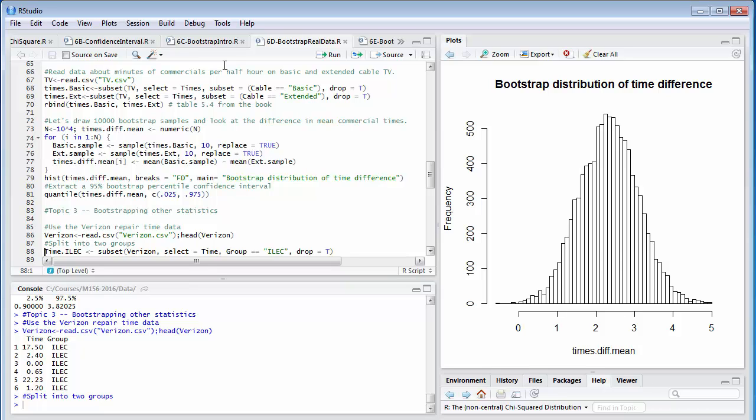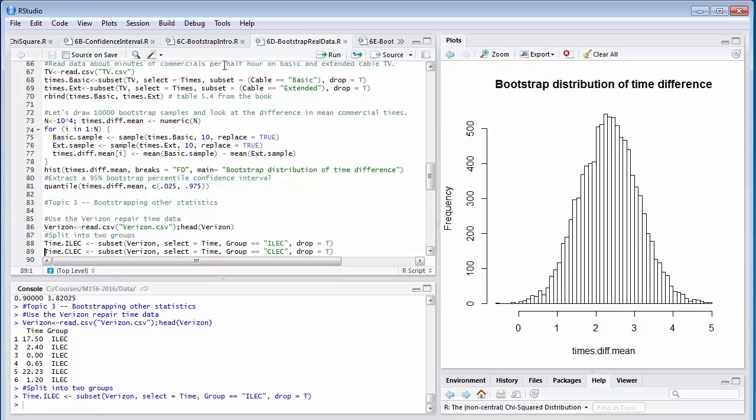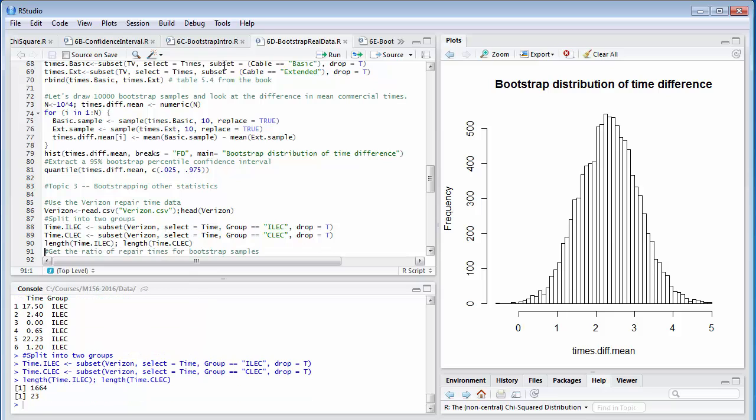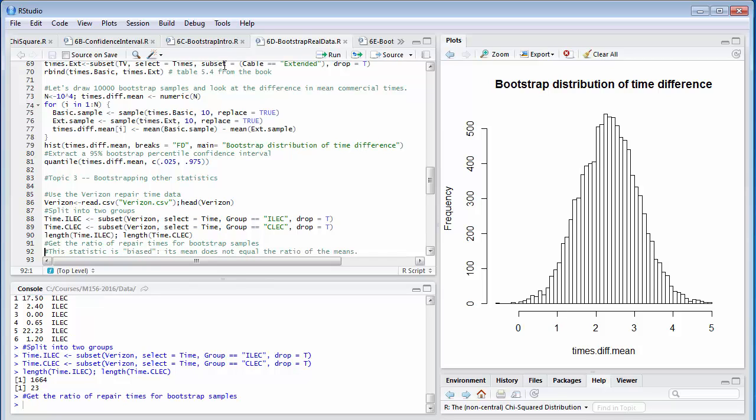So what we've got from this Verizon data is repair times for Verizon customers and repair times for competitors' customers. CLEC begins with competitors. I think that's how you know it's the competitor one, but it's a much smaller group also. And a reasonable statistic here is the ratio of repair times. On the average, it takes twice as long for a competitor's customer to get the repairs done.